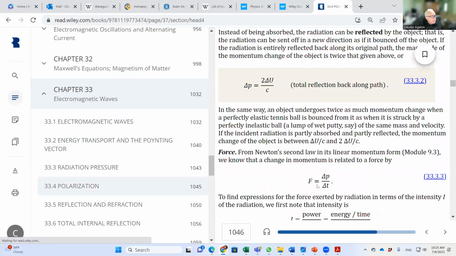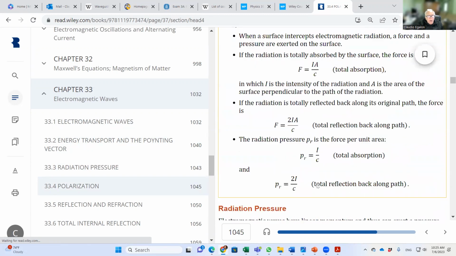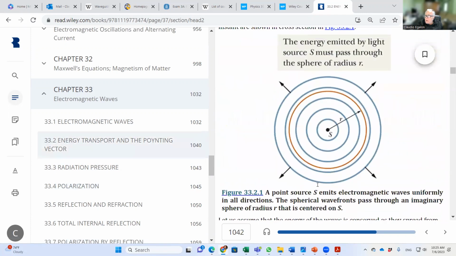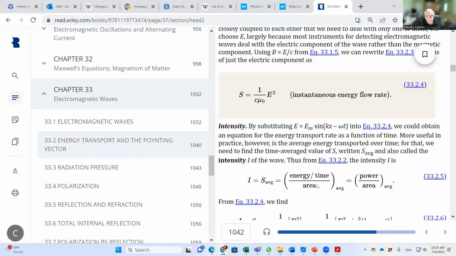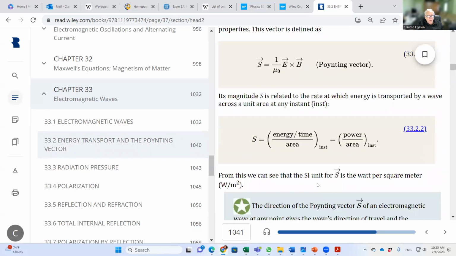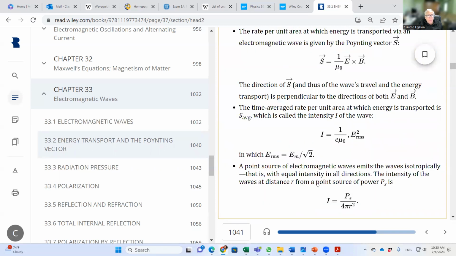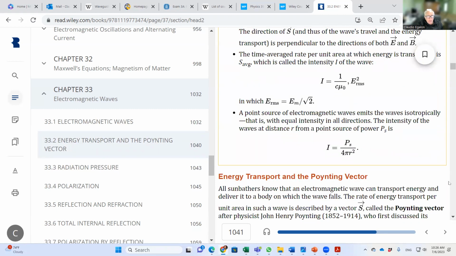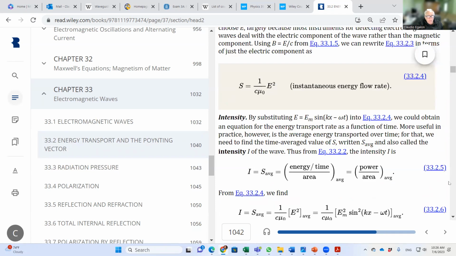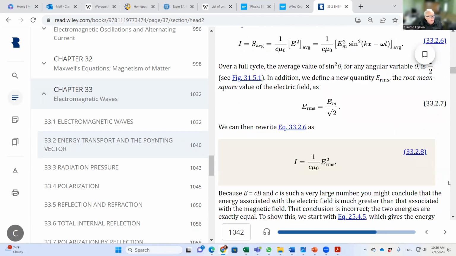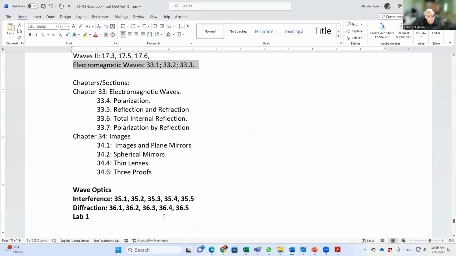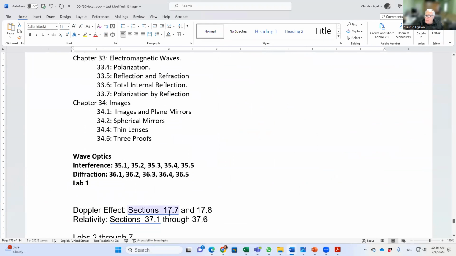Intensity, it should have been here or here. Let's see that Einstein equation. Okay, so that's what we covered in the first round of chapter 33. Any more questions?